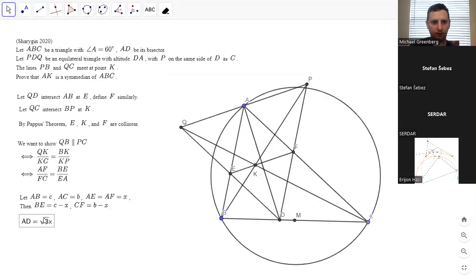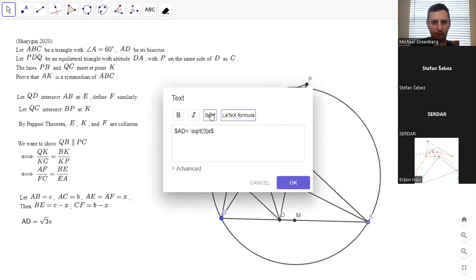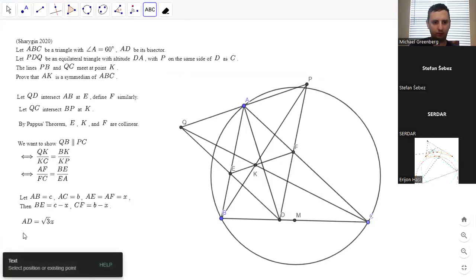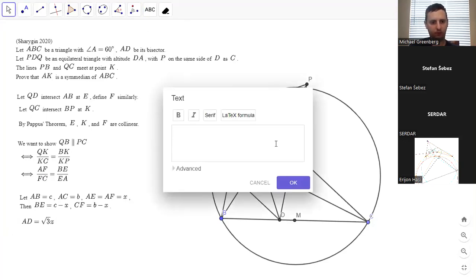And we can compute AD in terms of B and C, and then the problem gets solved.